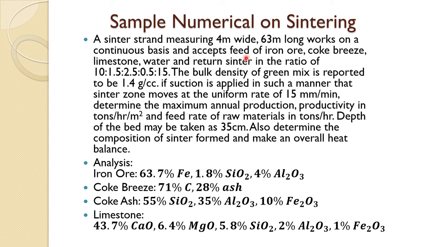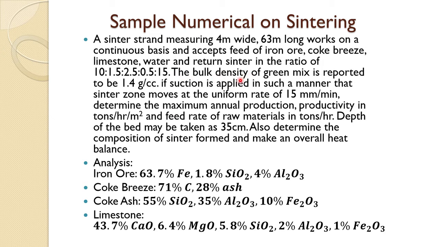Another example for the sintering. So, this is a sinter strand measuring 4 meter wide, 63 meter long, works on a continuous basis and accepts feed of iron ore, coke breeze, limestone, water and returns sinter in the ratio of 10 to 1.5 to 2.5 to 0.5 to 15.